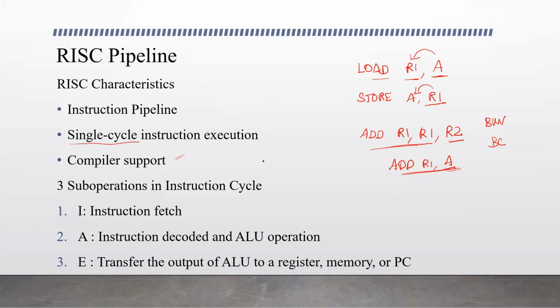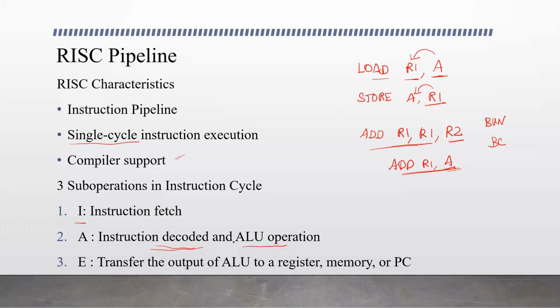So these are the characteristics. If we consider a 3-segment pipeline, these instructions are classified into 3 sub-operations and run in 3 segments. The 3 sub-operations of the instruction cycle are, first, instruction fetch, denoted as I. Second, we combine the decode phase with the ALU operation.